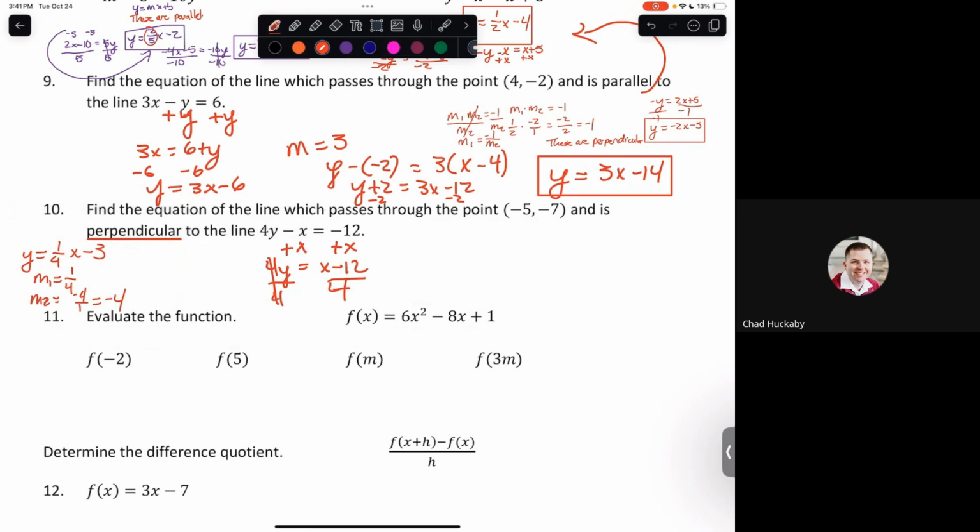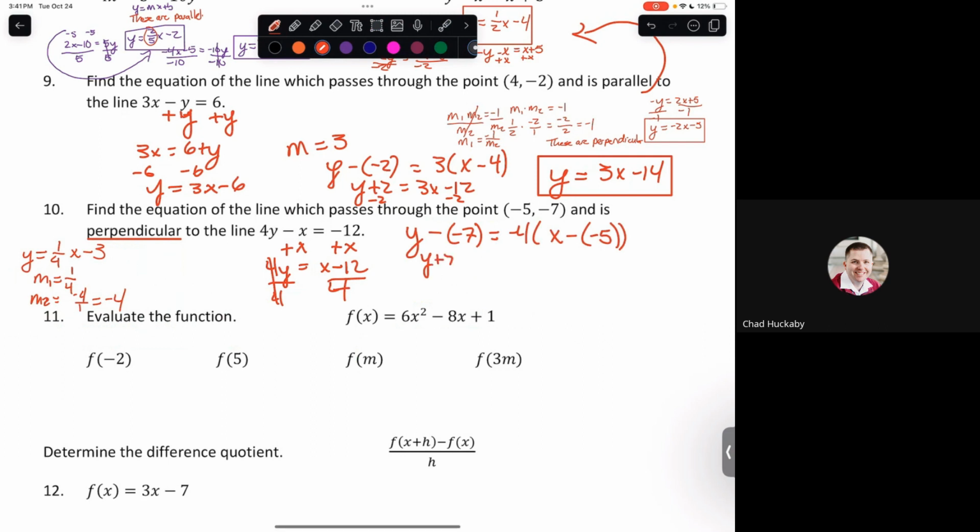So again, point slope. We plug in our point. So y minus a -7 is equal to the slope, which is -4, times x minus our x value, which is -5.